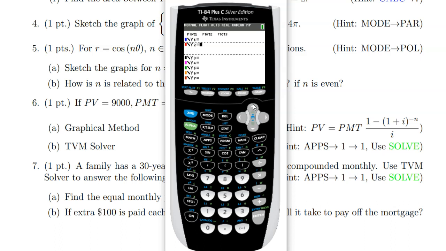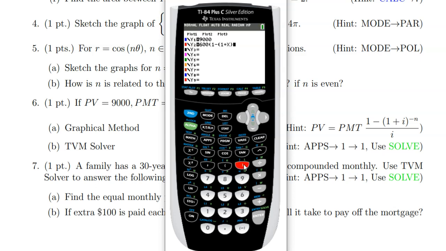So y1 is 9,000. So I just put the 9,000 there, right? And go down. And then payment is 600. So I'm going to put the 600, right? Multiply by 1 minus parenthesis 1 plus. Since there's no I, I'm going to have to use the X instead.